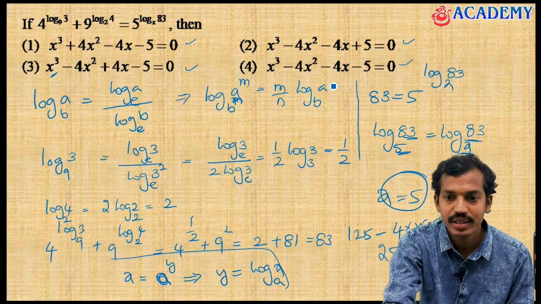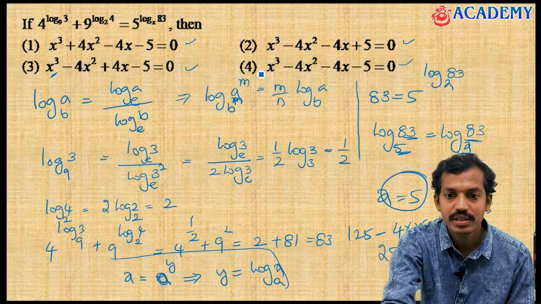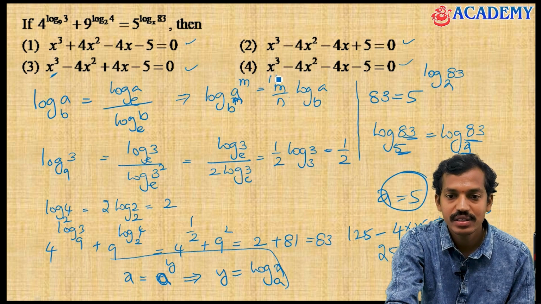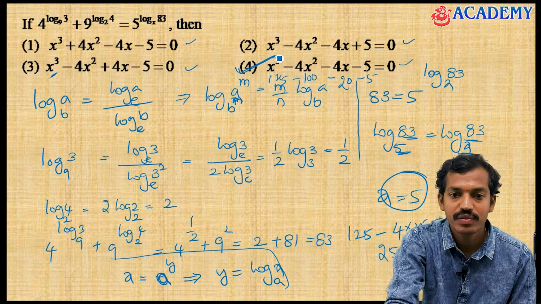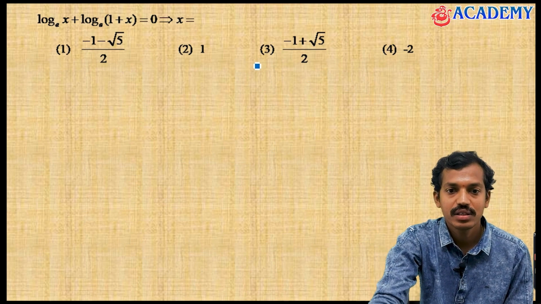If you take minus throughout, it is going to be your answer: this is 125, this is 100, this is 20, this is 5, that is 125. The fourth option is going to be your answer.